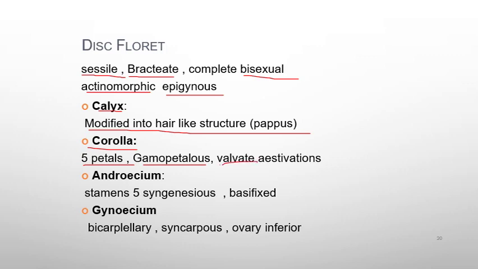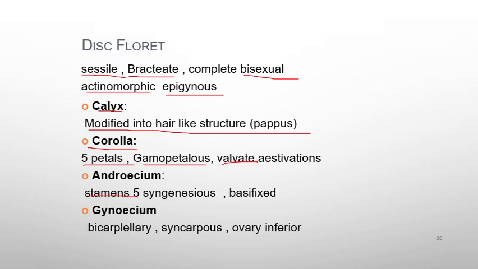In the disc floret, the male and female reproductive parts are both present in the same flower, so the number of stamens is 5. In addition to this, the stamens are syngenesious.